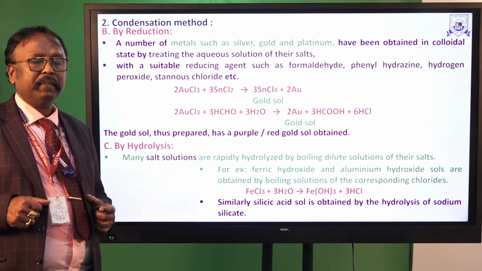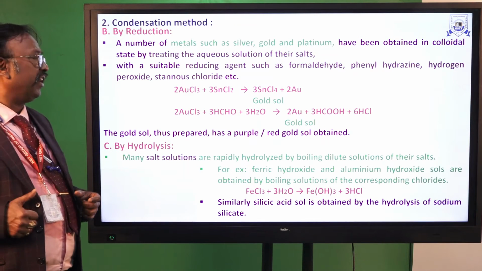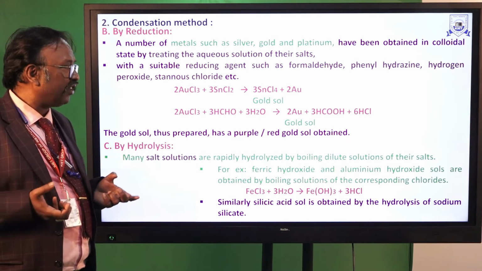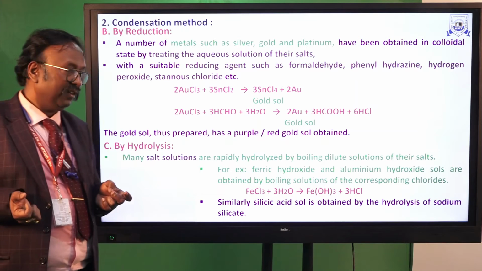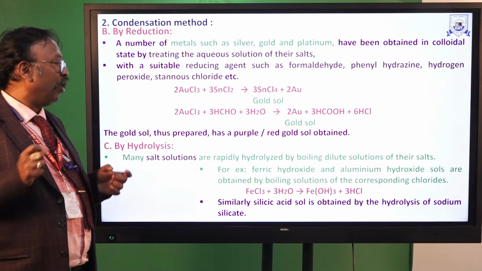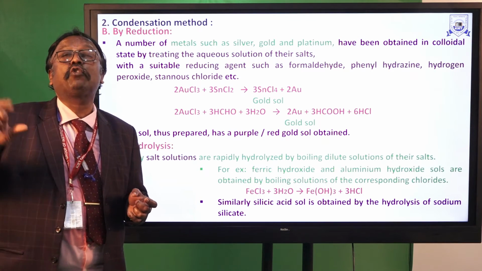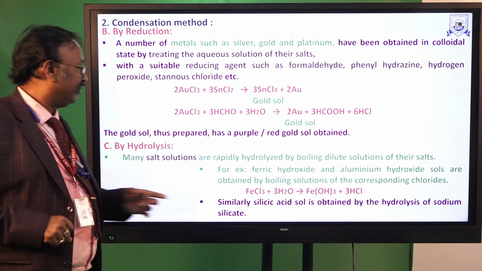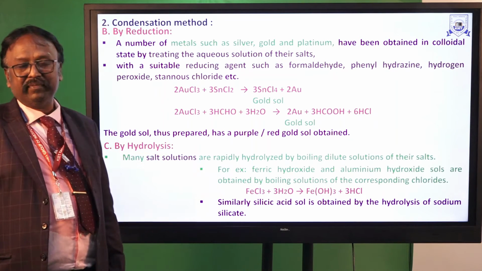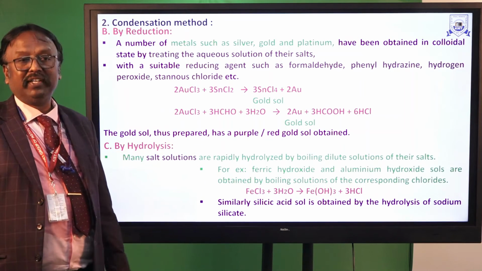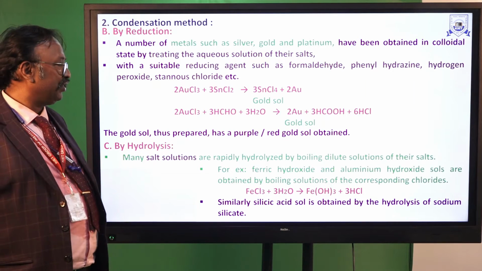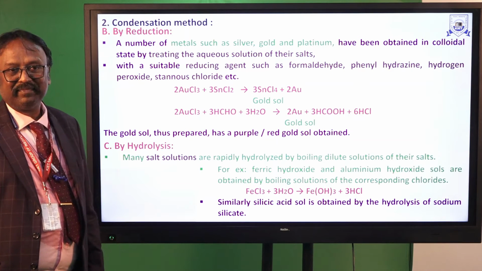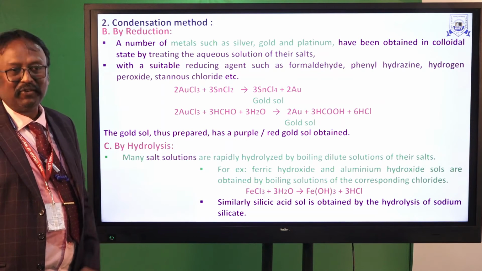For example, ferric hydroxide and aluminum hydroxide sols are prepared by boiling the solution of the corresponding chlorides. Example: ferric chloride, FeCl3, boiled with water; immediately we get ferric hydroxide. This is a sol, a colloidal dispersion.